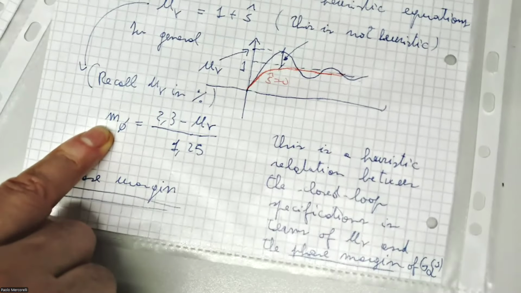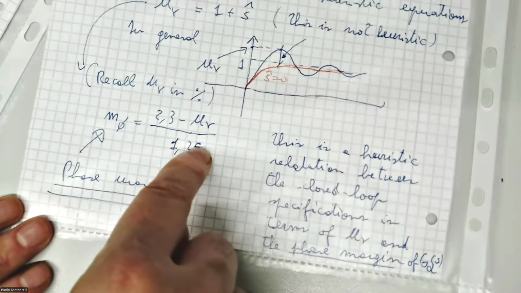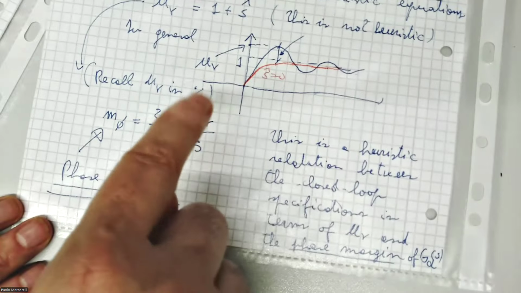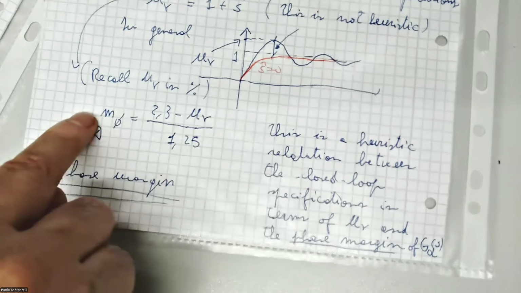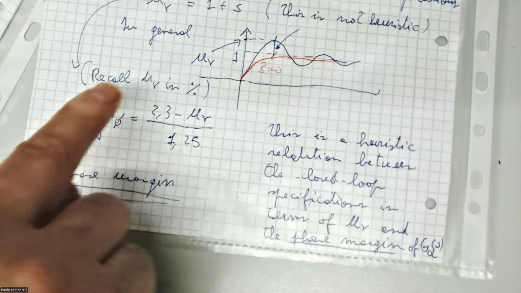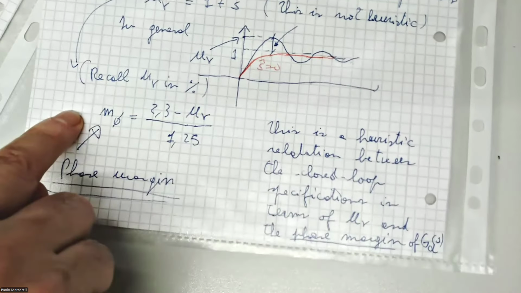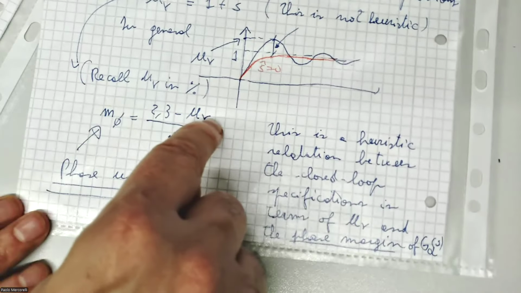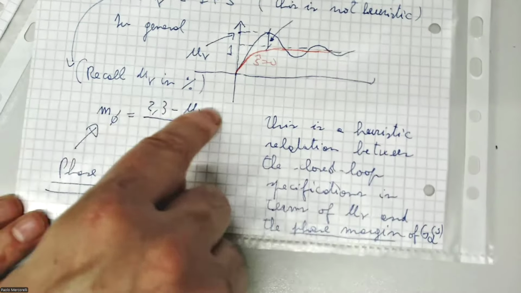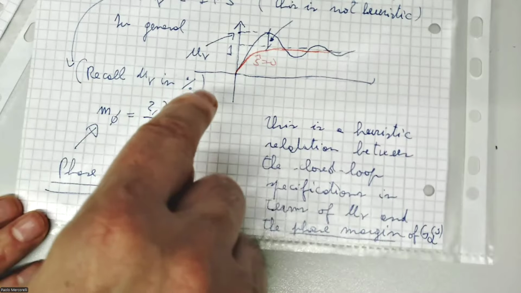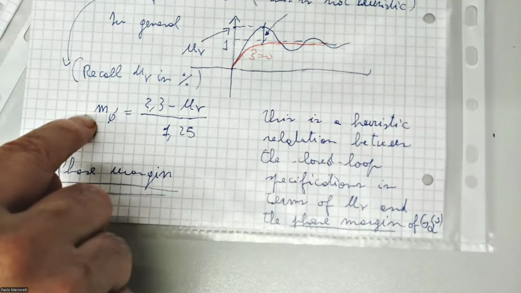This means it's a connection between time and frequency, but in the meantime, transient and steady state. Very important. This means we can understand that this is not immediate.